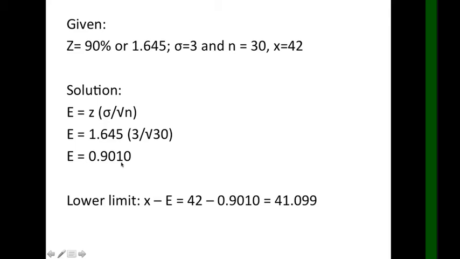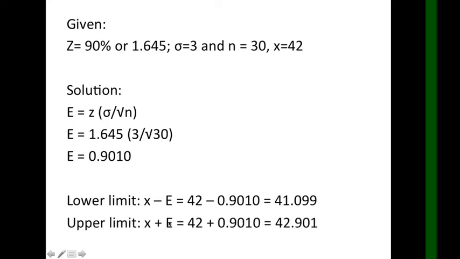Minus yung nakuha natin sa e. And then, ito yung makukuha natin na answer. For the upper limit naman, x plus e equals 42 plus 0.9010. So we have 42.901. Therefore, the interval is 41.099 to 42.901.